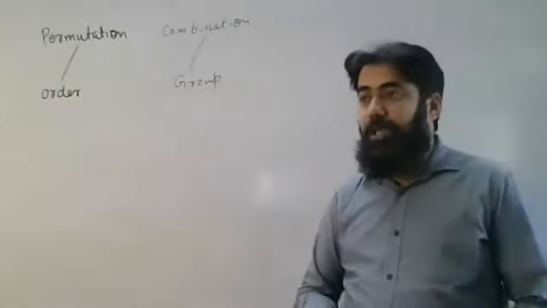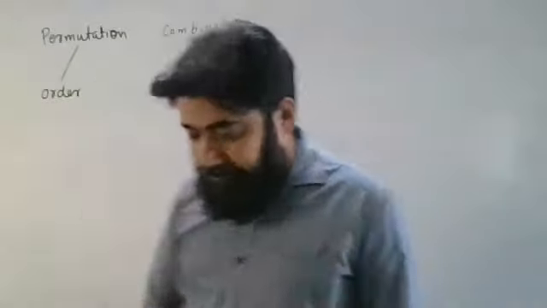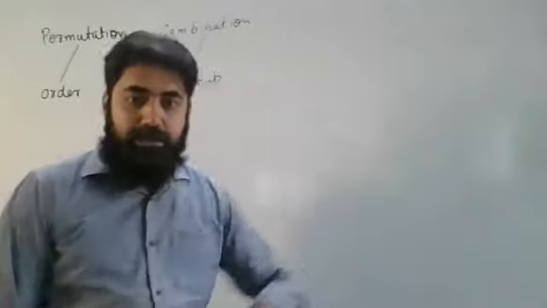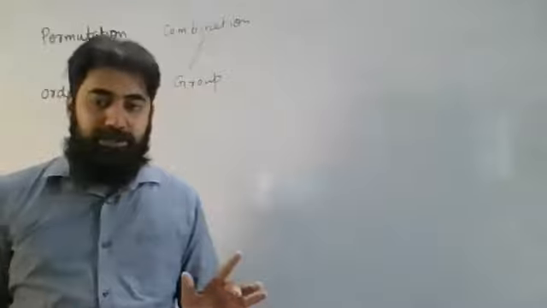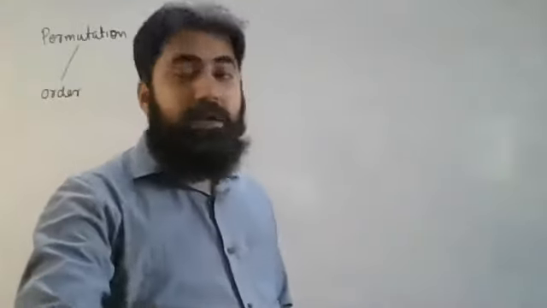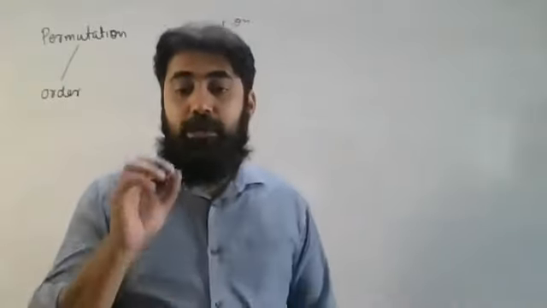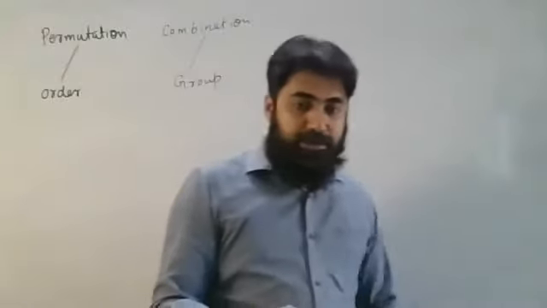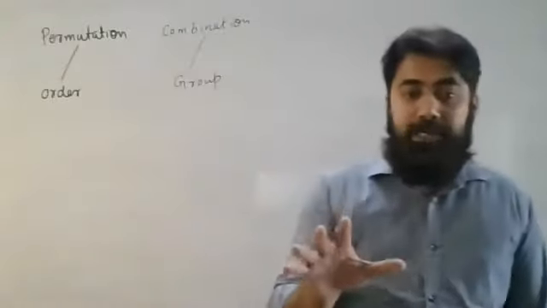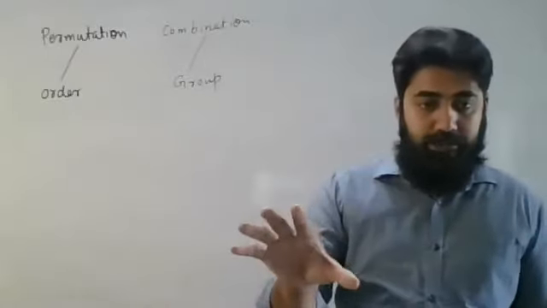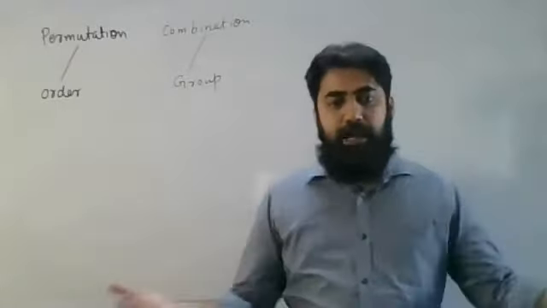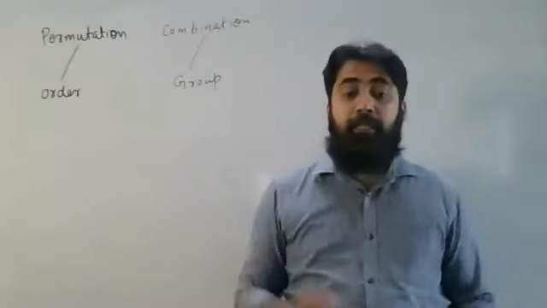Like, for instance, I am saying that from a class, I have to select 5 students for a competition. Selecting 5 students for a competition is combination, because any 5 students can be selected.